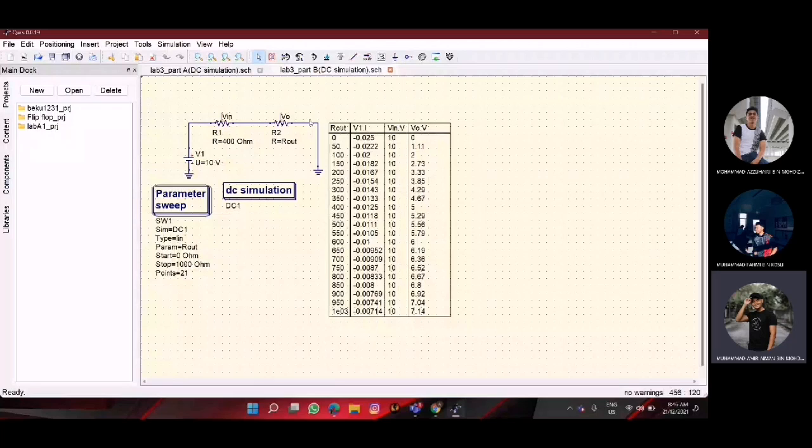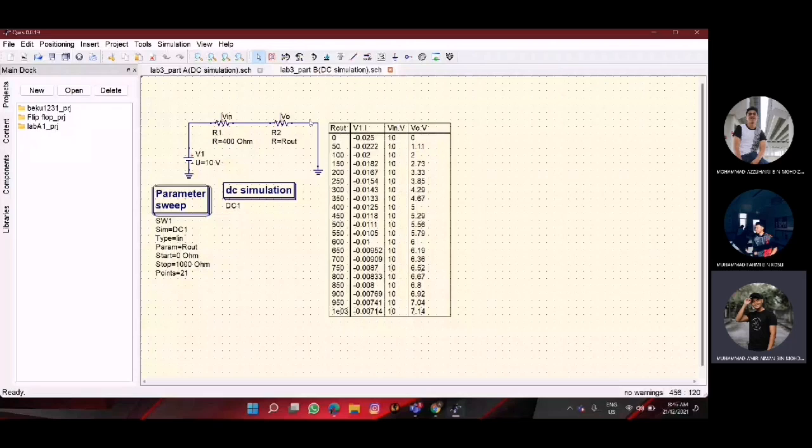For this parameter sweep, when we edit the property, sim equals DC1, depending on the DC simulation here, and the param becomes R, which means the value that comes out will be based on the R here, and it goes from 0 to 1000. It will be the value of R out from 0 to 1000.